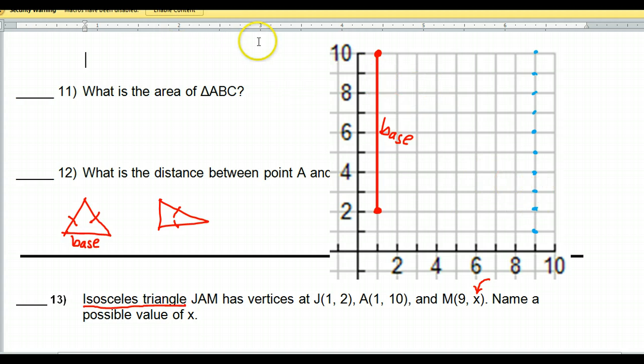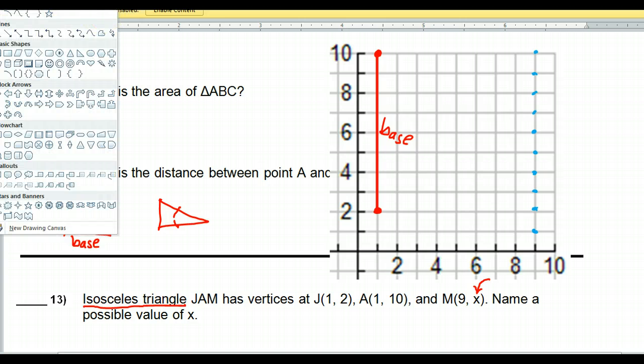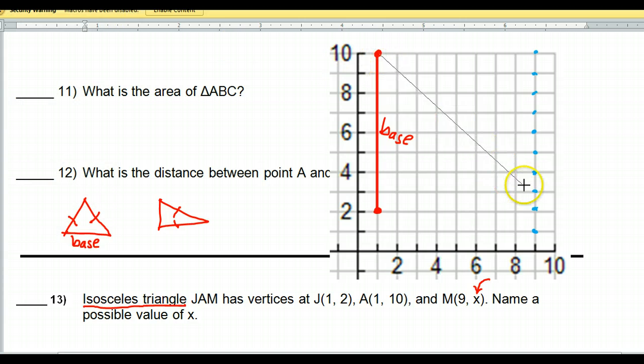For example, is this going to be it right here? Will this be an isosceles triangle? I tried to make it even more obvious that this triangle is leaning too far down.